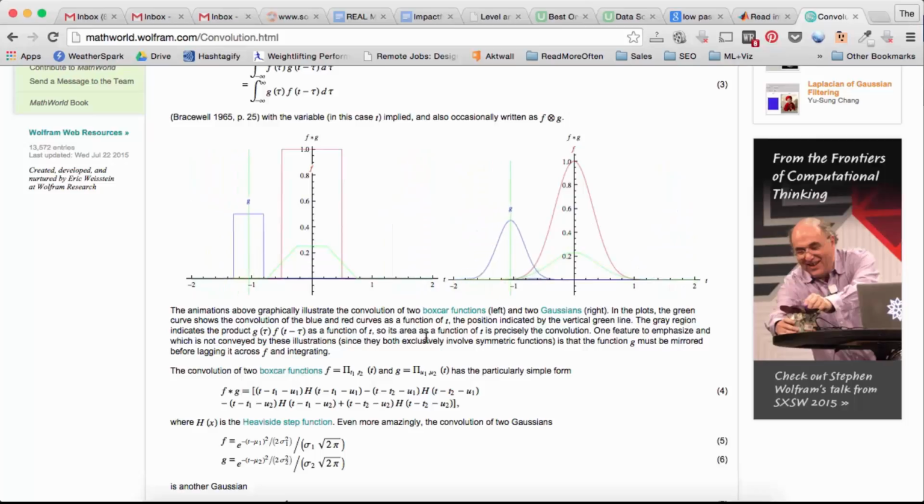The important distinction is that you're going from time in one domain to frequency in the other domain. So the result that's important is that convolution in the time domain, so if I convolve one signal with another, is equivalent to multiplication in the frequency domain.